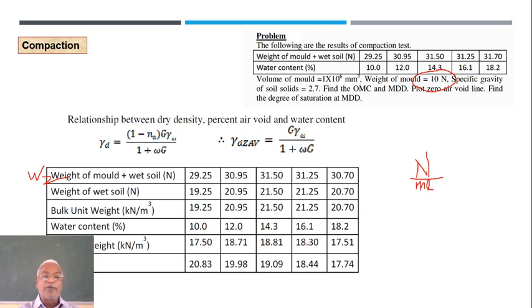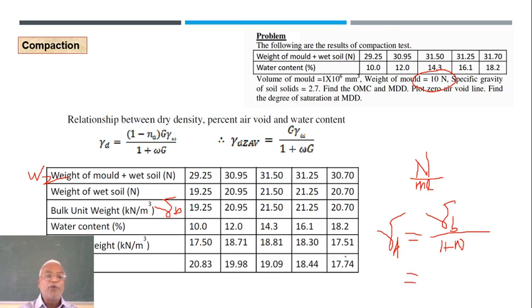Now dry unit weight. For dry unit weight, I have told you gamma D will be equal to gamma B divided by 1 plus W. But water content is taken as a fraction, not as 10. You have to take it as 0.1. So for the first value, I'll show you.